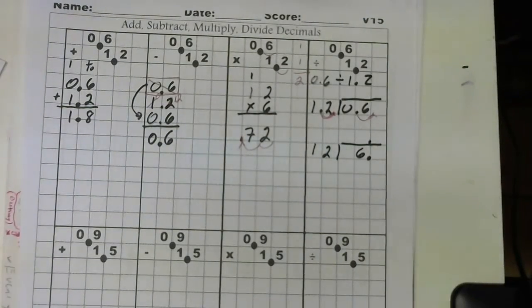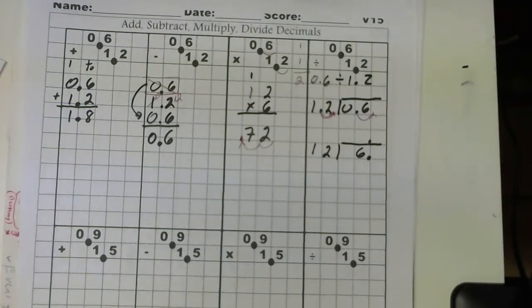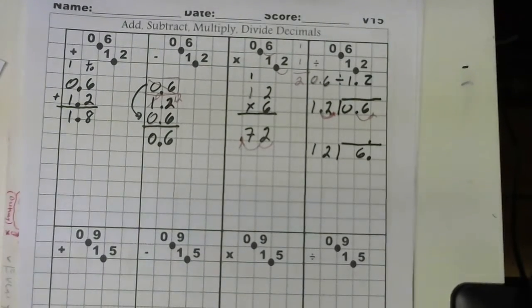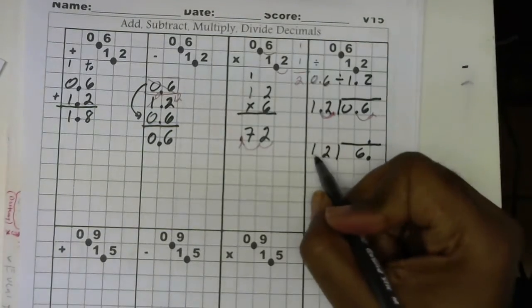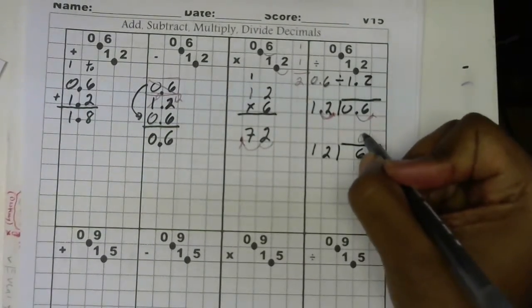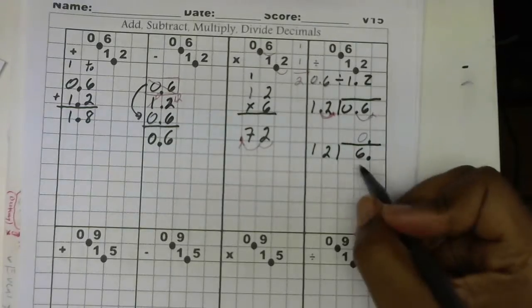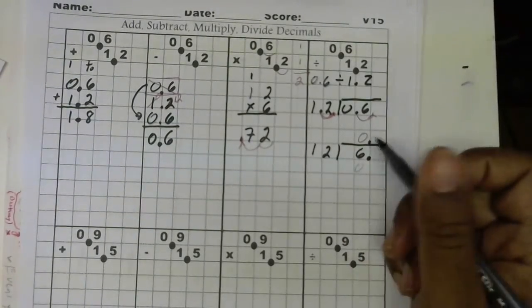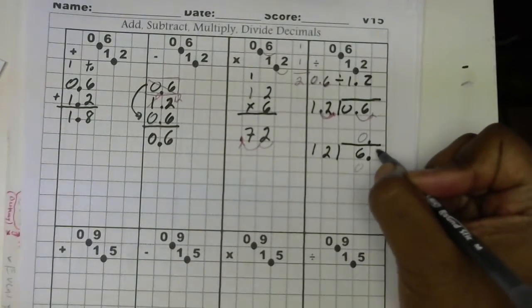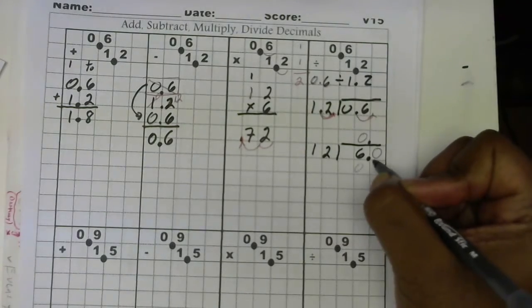All right, now let's start the process of division. Okay, now 12 goes into 6 0 times. Okay, so that doesn't work for us, so that's 0. Now, let's put another 0 here, and now we have 60.